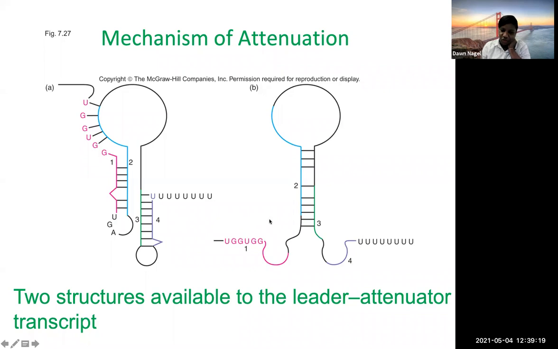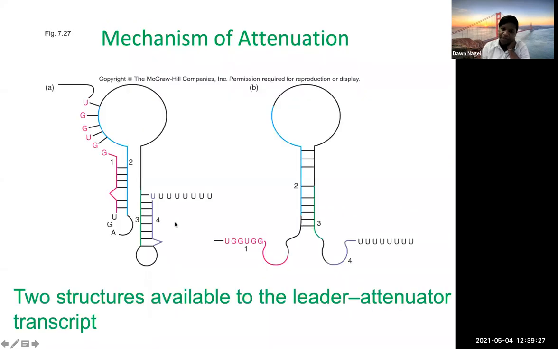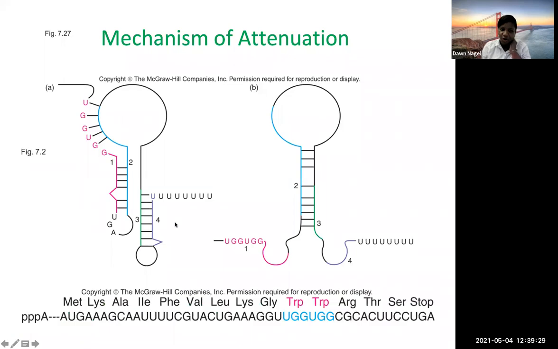Both of these structures are available within this region. What determines which one will form really depends on the state of tryptophan in the cell, okay? So this region, as I mentioned, has an amino acid start, methionine, and you have your stop codon. However, within this region are two tryptophans back to back.